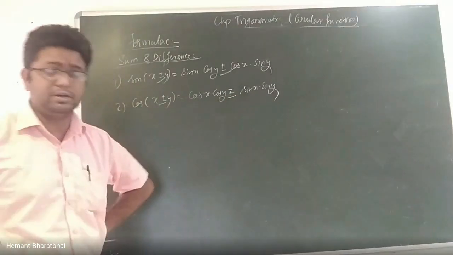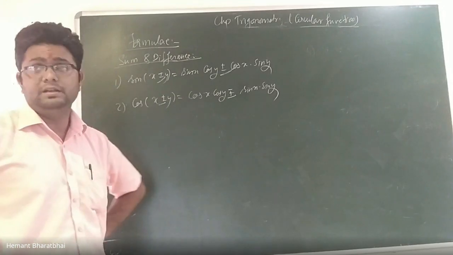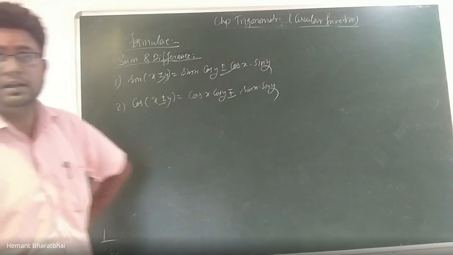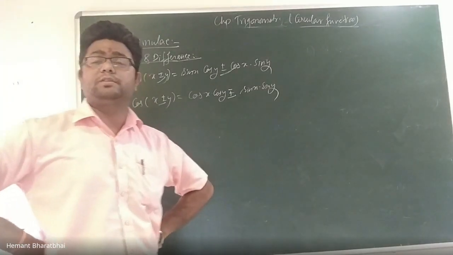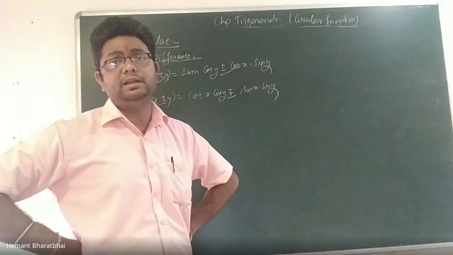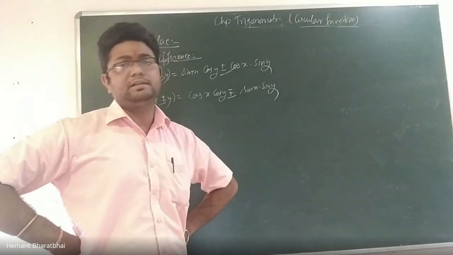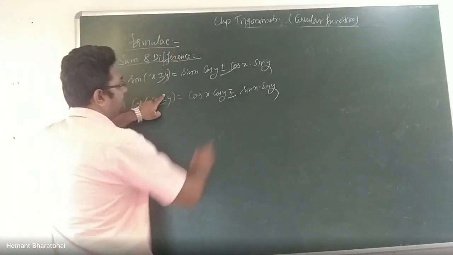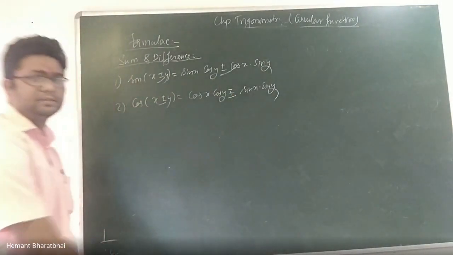I want to write the formula for cos of x plus y. So that will be cos x into cos y minus sin x into sin y. If I want to write the formula for cos of x minus y, then I'll write cos x into cos y plus sin x into sin y. Minus over here I'll write plus. When it is plus over here I'll write the opposite sign, that is minus.